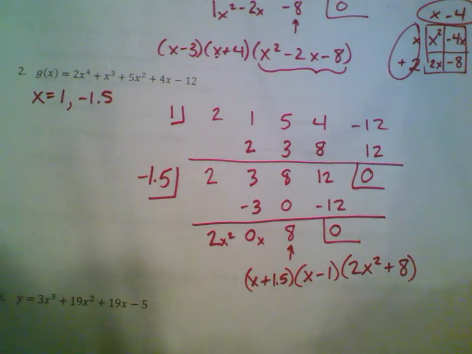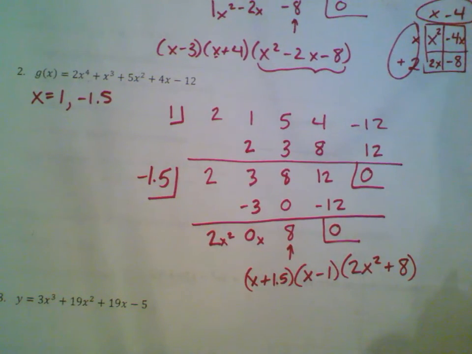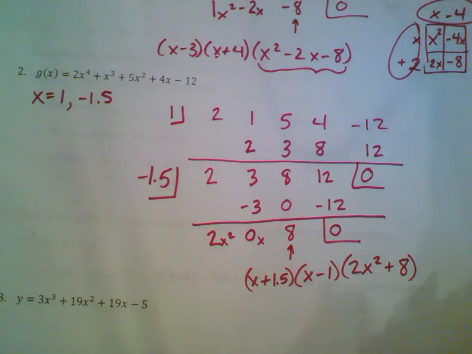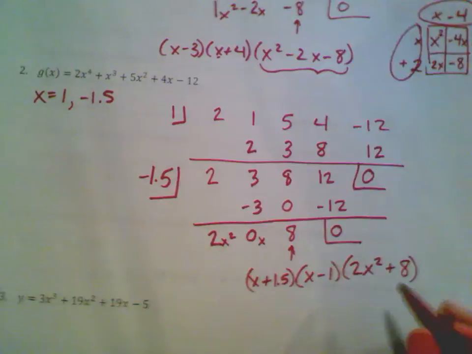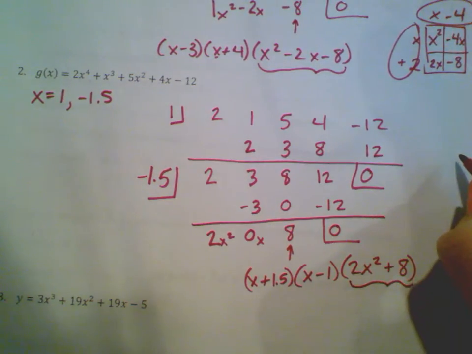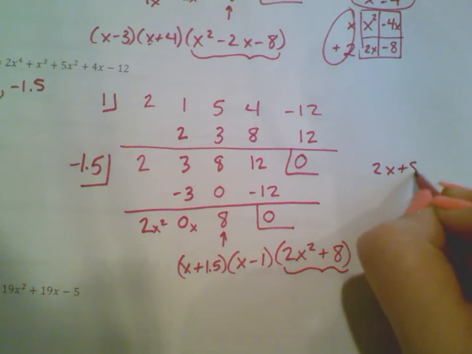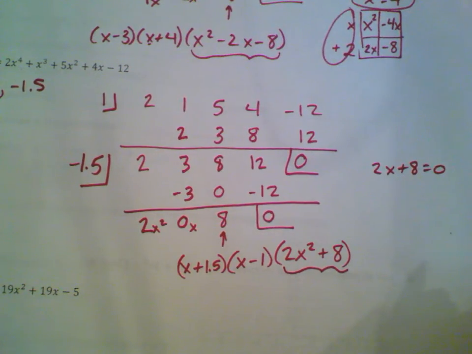You could typically use the quadratic formula for everything in order to find those zeros, but I am just going to take this factor and set it equal to 0 so that I get 2x squared plus 8 equals 0.